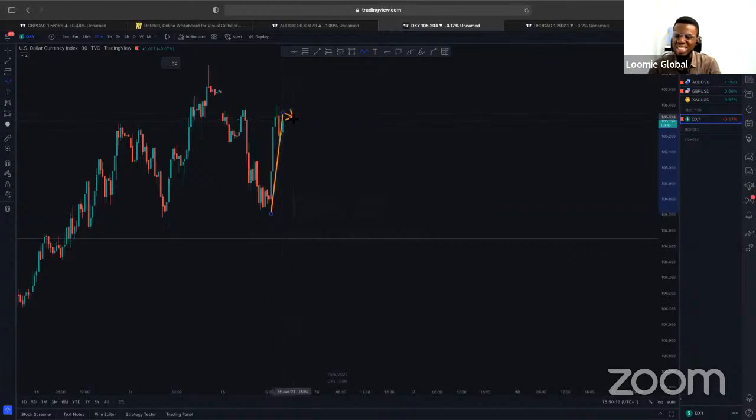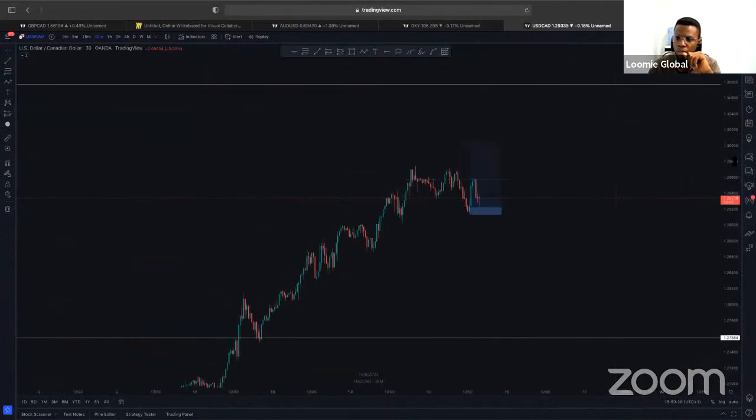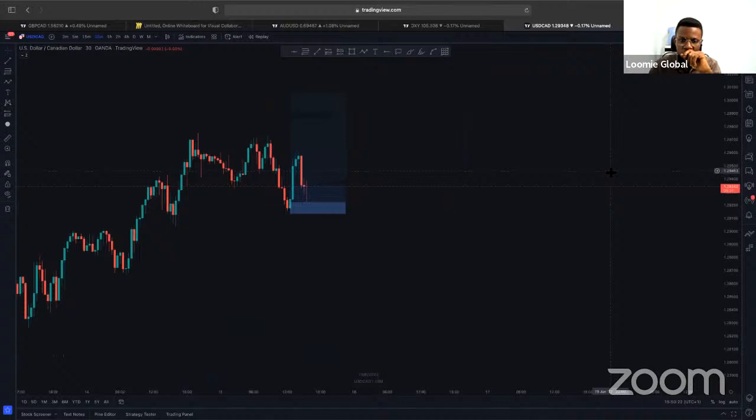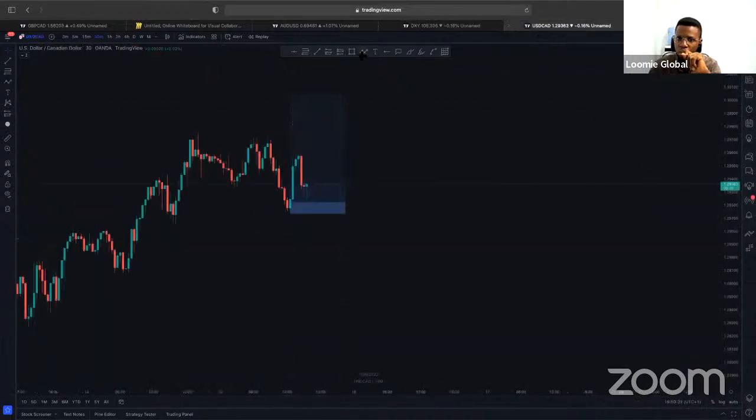I said that it is directly correlated to pairs that have USD as their base currency. USD CAD has USD as its base currency, and you can see that within this period that the DXY was bullish, USD CAD became bearish, right?